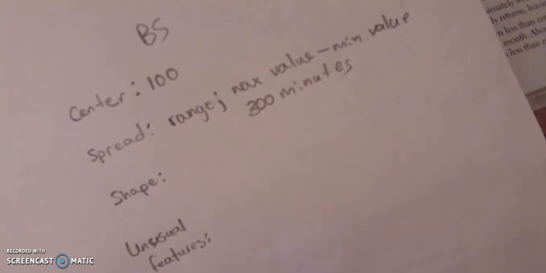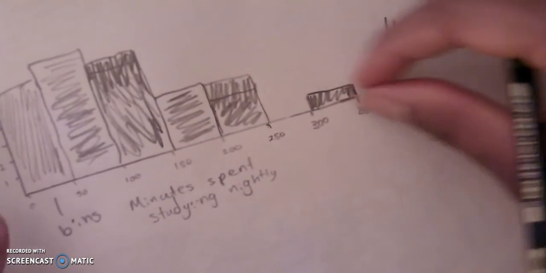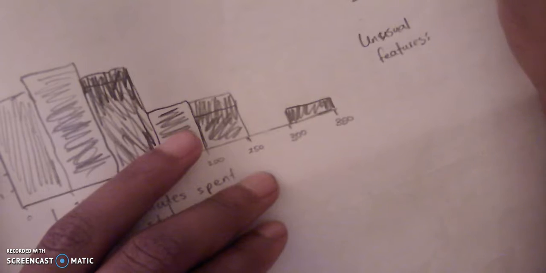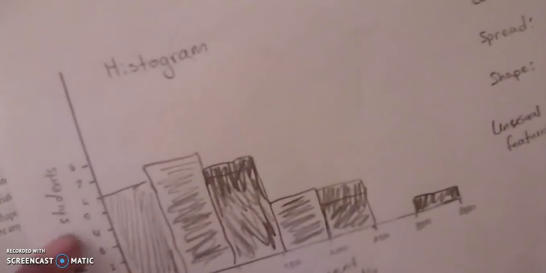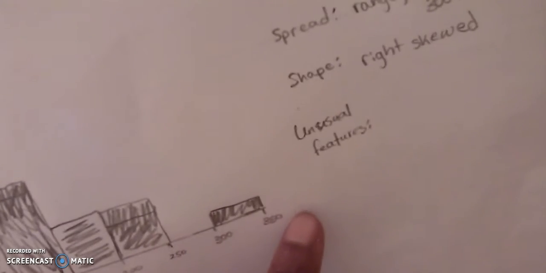And our shape. We're going to get more into shape in class, but this shape, we can say it's kind of piled towards the left with a little bit of a tail towards the right. So this shape is something that we call right skewed. The majority of our data is towards the left with a few data points trailing off towards the right.